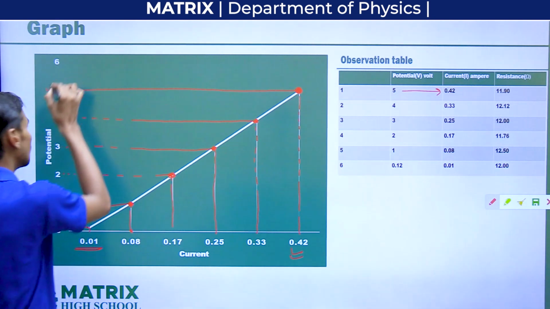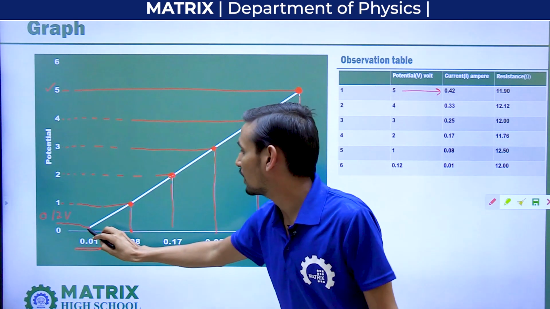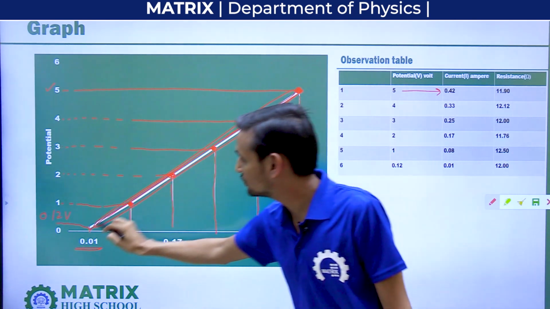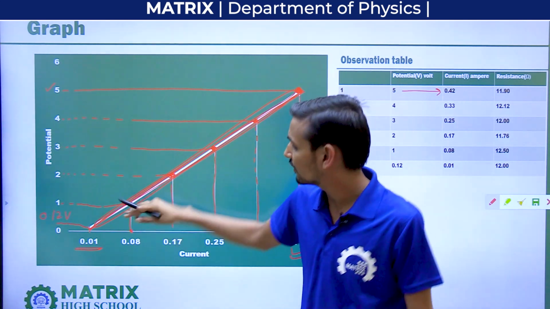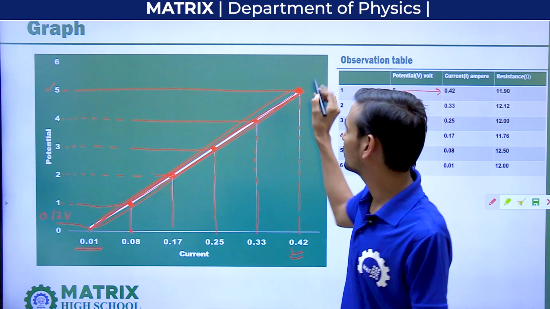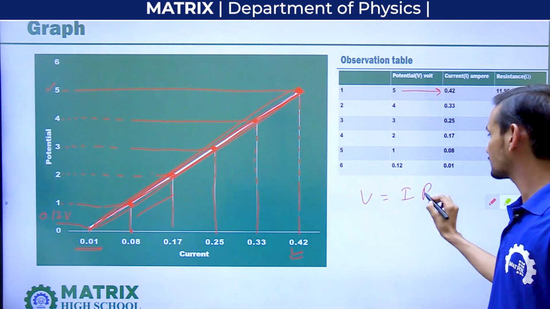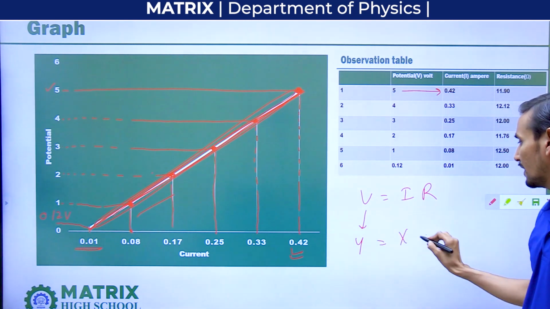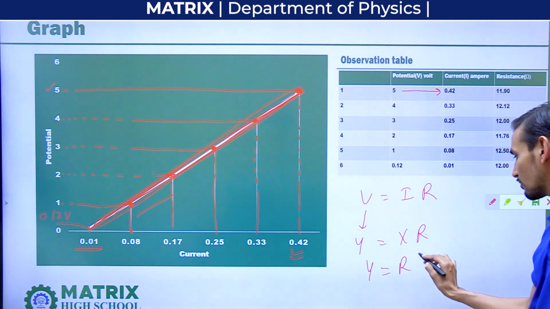So for each value of potential there is a current, and we have drawn a graph, and this graph is coming approximately a straight line. Some values are different due to error. Due to error, some points are at a minute difference from the straight line, but approximately this graph is a straight line, because as we know V equal to IR, V is on y-axis, I is on x-axis, and resistance is constant, which is positive, so it will come out y equal to Rx.